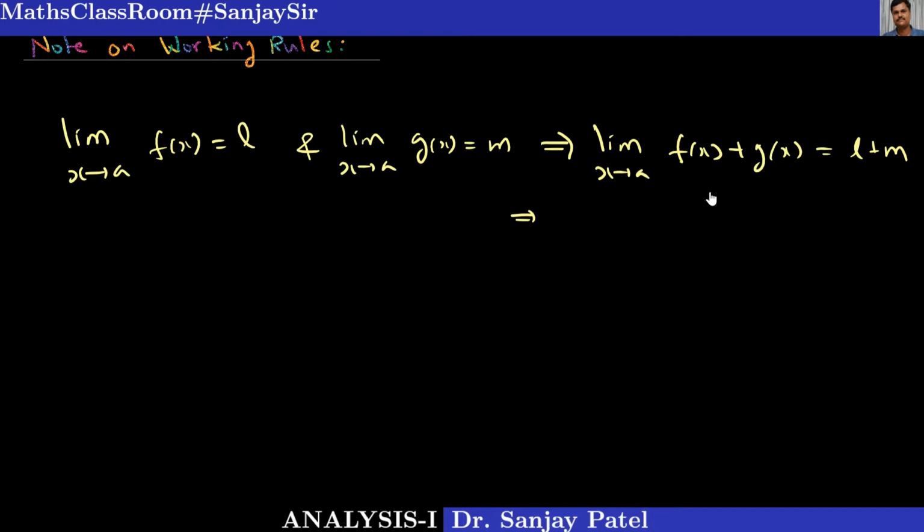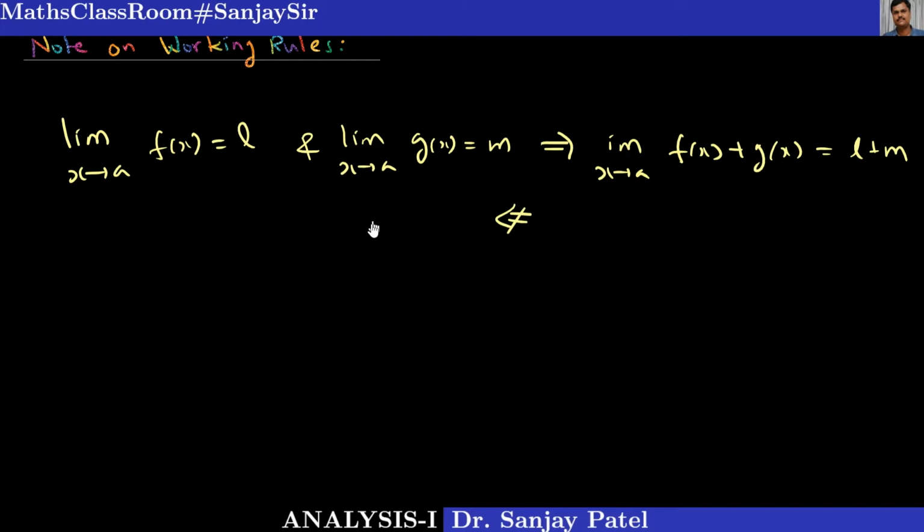For the limit of f x plus g x to be L plus m, these two things are sufficient. Means we can have the limit of f x plus g x equal to L plus m, but maybe the limit of f x is not L, or the limit of g x is not m, or both may not exist.